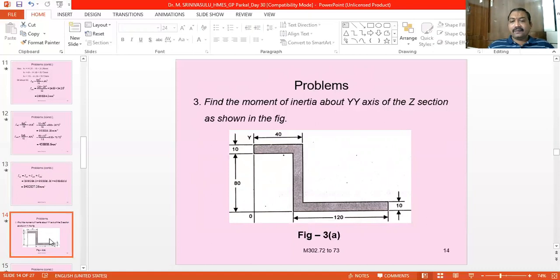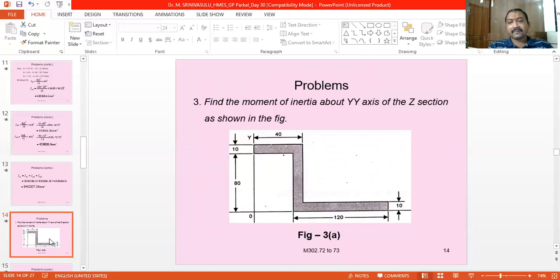So here it is a Z section having a bottom flange of 120 millimeters width and 10 mm thickness, a top flange of 40 mm width and 10 mm thickness, and a web of 80 mm depth and 10 mm thickness.